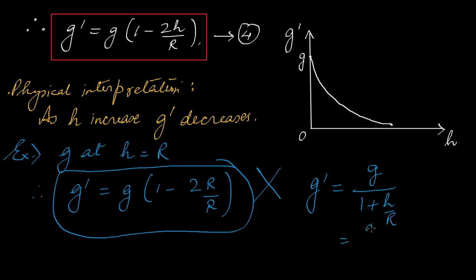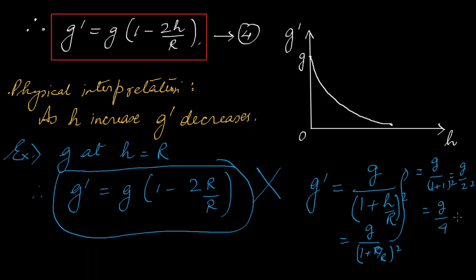Here you will get g into 1 plus h by r, and h is equal to r, so that will be r by r, which cancels. So this is equal to g by 1 plus 1, which is g by 2. And how much is g by 2? Oh, there's a square here, I forgot. So that'll be 2 squared, so you get g by 4.